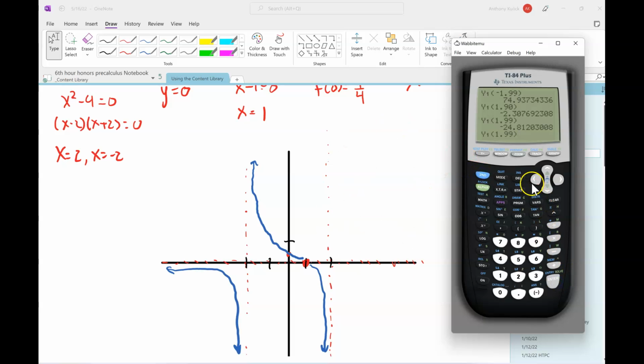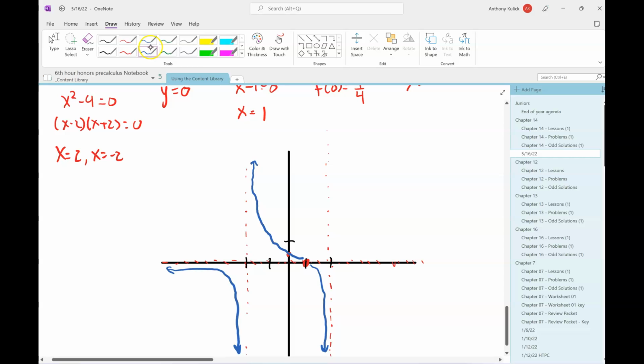So look at the other side. We'll do positive 2.1 and then positive 2.01. Again, I got bigger there, so I know that I am up in this section there.